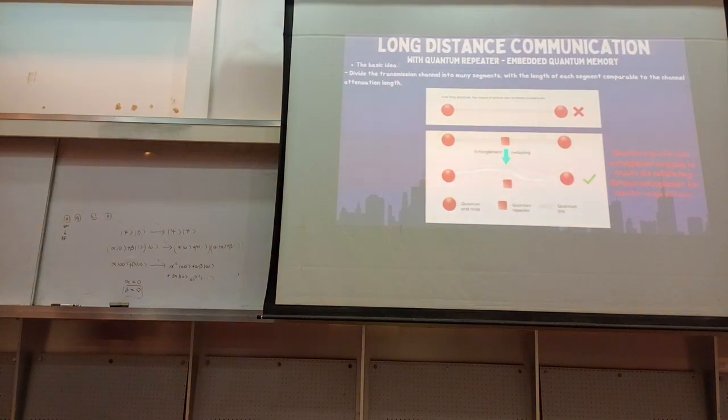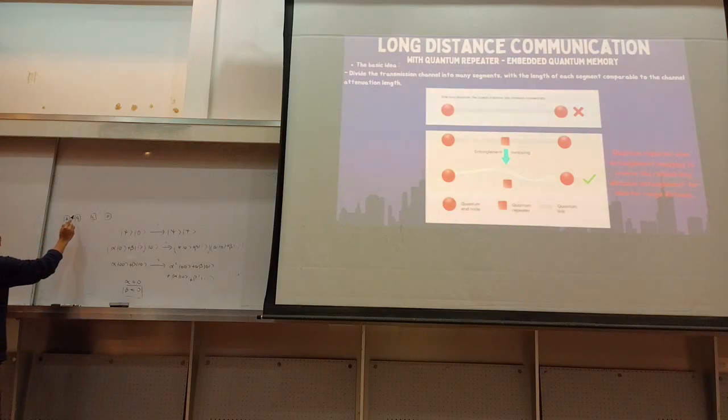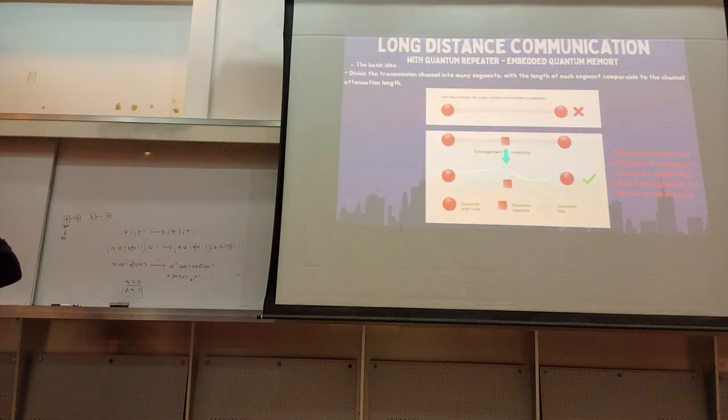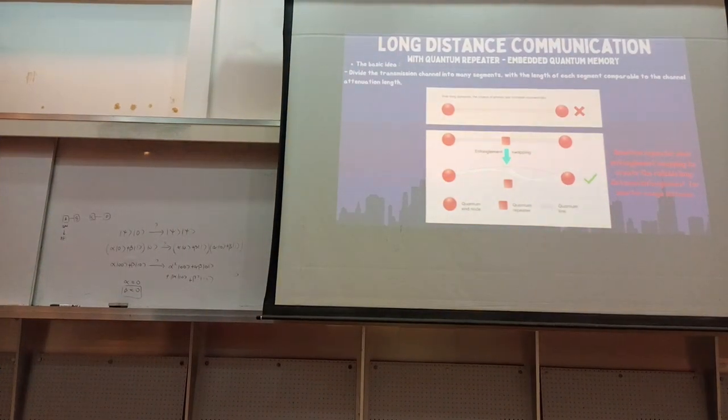So A, B, C, D is basically the quantum memory. We are going to store the excitation state, as you will see later on. Our aim is to connect this first, and this, so we form a pair of entanglement between AB and CD, and after that we are going to do the entanglement swapping between this and this.